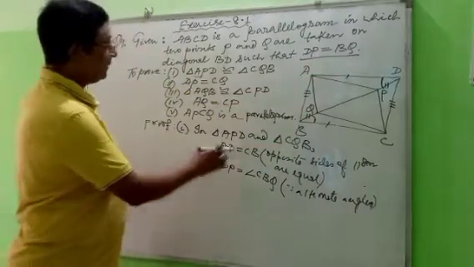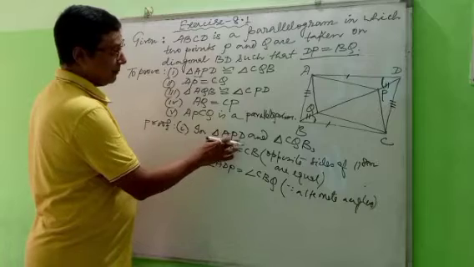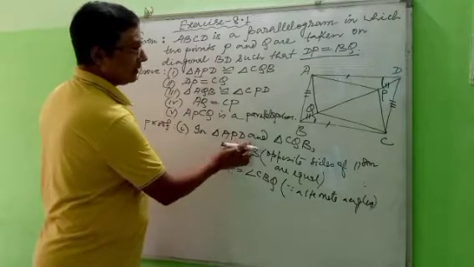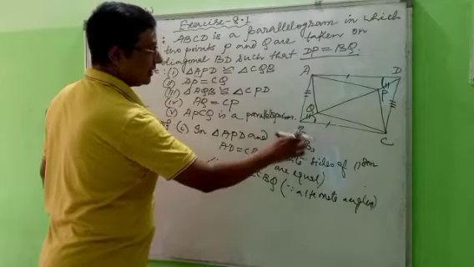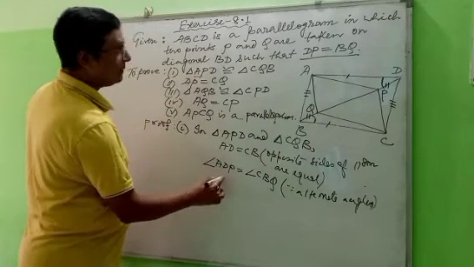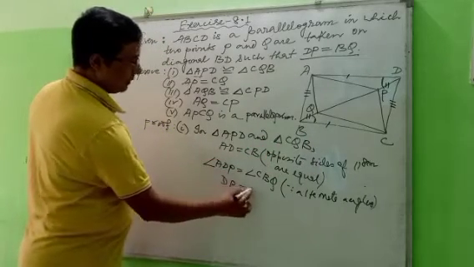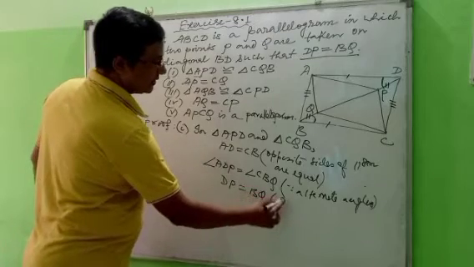DP is present in triangle ABD, and BQ is present in triangle CQB.